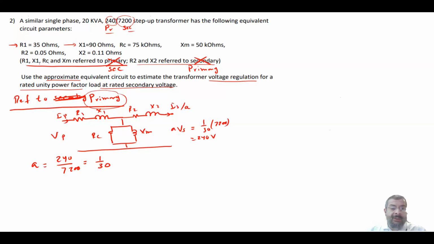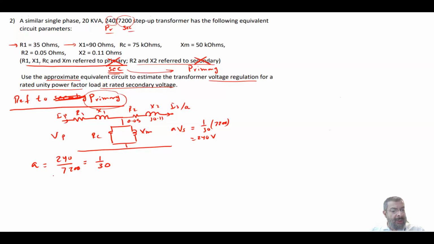Now let's go to these parameters. R2 and X2 are referred to the primary actually, so we keep them as they are. We don't change their values: 0.05 and j0.11. Now, R1 and X1 are the ones that we multiply by a squared, because these are referred to the secondary and we want to refer them to the primary.